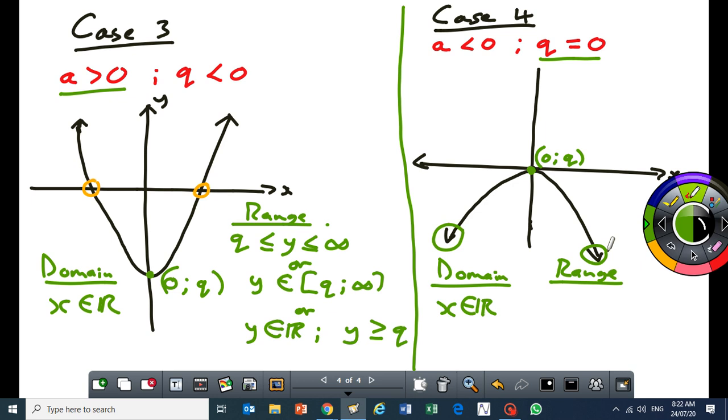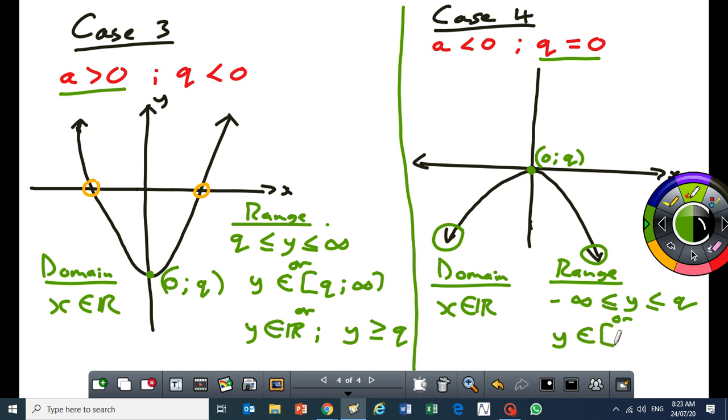So, when we write it, it will be minus infinity is less than or equal to y, and y is less than or equal to q. Okay? But q is 0 for this case. Or you can write it as y is an element of real numbers, okay?